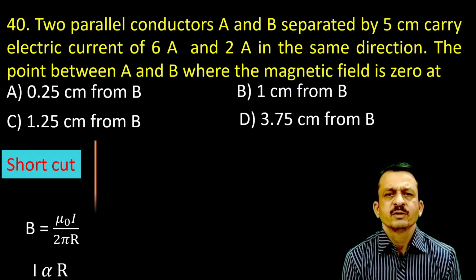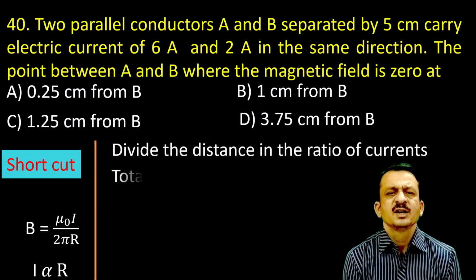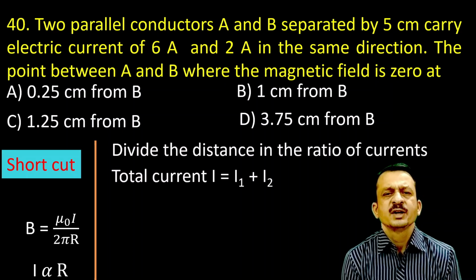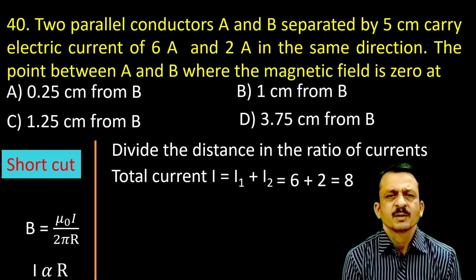Therefore we have to divide the distance in the ratio of the currents. The total is I1 plus I2, where I1 is 6 and I2 is 2, so it is 8 amps. Now we have to calculate the point from A or B.